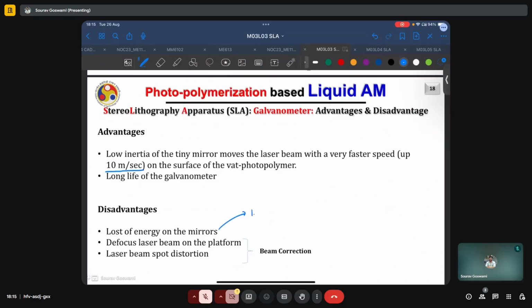So, one is that we can use a reflective coating to improve the ratio or the percentage of light that gets reflected in the desired manner. Or second, the mirror can be polished.